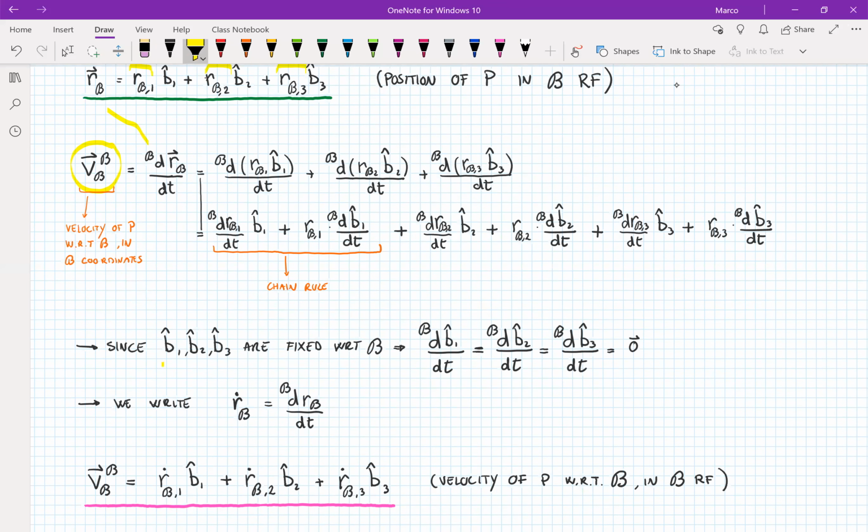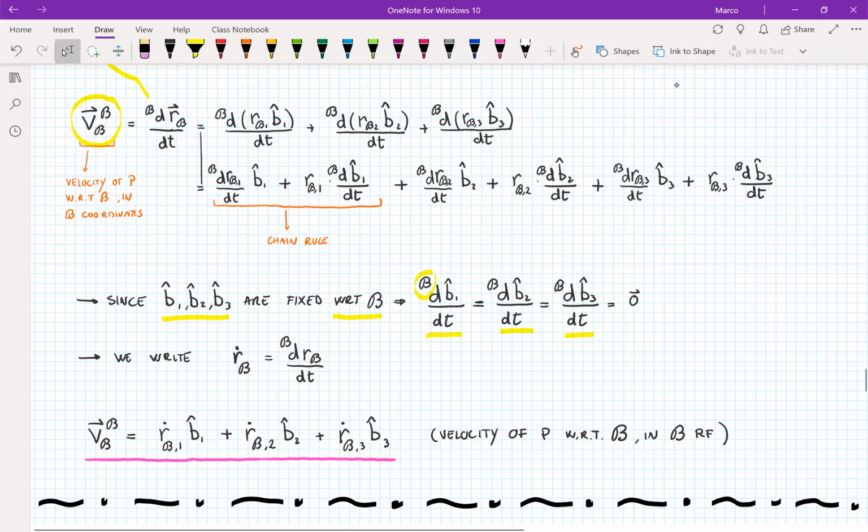Now B1, B2, and B3, the versors, are fixed with respect to the body frame of reference. So if we take a derivative with respect to time, but also with respect to the body frame of reference, there's no change. So B1, B2, and B3 do not change over time with respect to the body reference frame itself. So these 3 derivatives are 0.